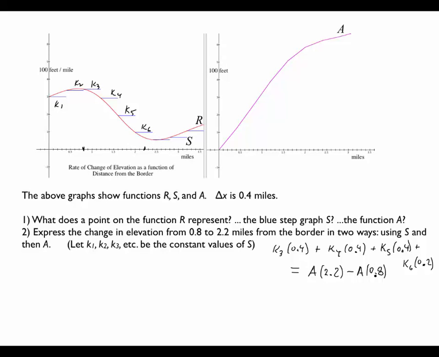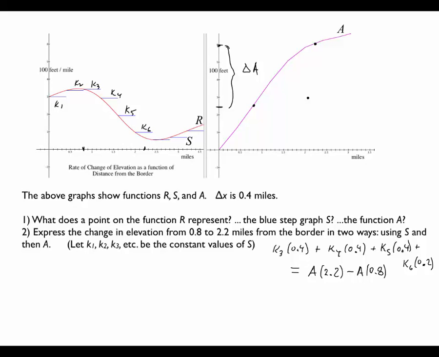Do I want a rate of change or just a change in elevation? I want a change in elevation. So A of 2.2 is something up here. A of 0.8 is something down here. So I want a change in elevation, right?